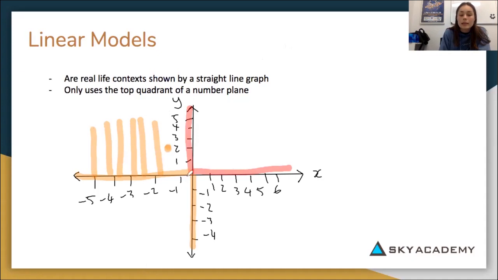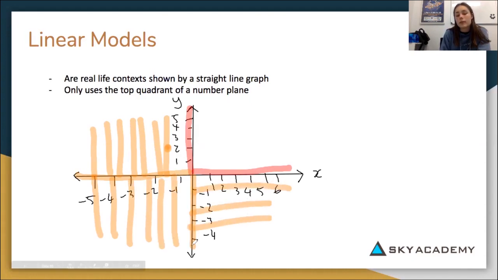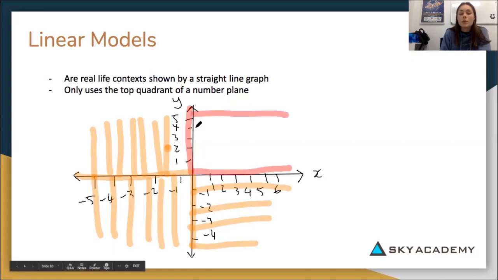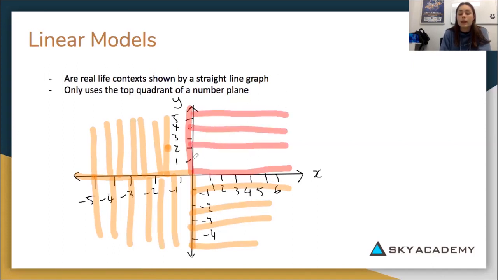They go down here, and they go across here. But there's no negative values in this top quadrant here in red, because if we were to put a point here, for example, it would be +4 and +1. There's no negative values in that top quadrant.